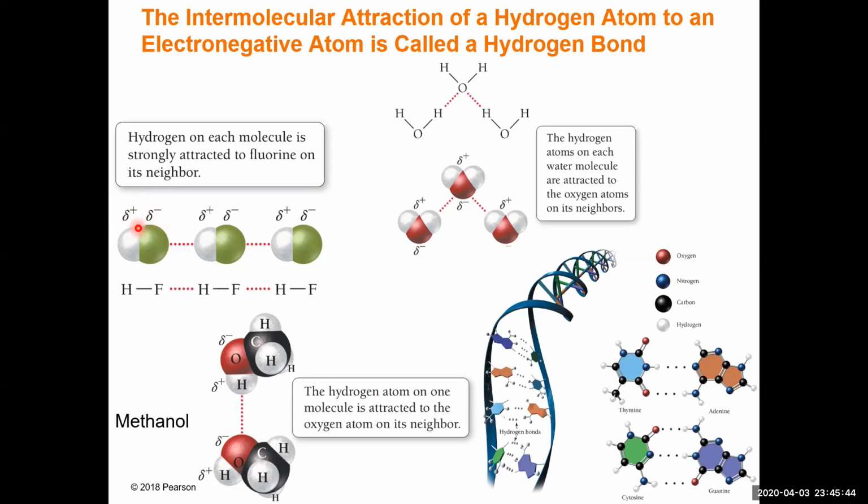Fluorine has an electronegativity of about 4.0, whereas hydrogen has an electronegativity of about 2.1. That partial negative end of the fluorine is going to be attracted to the neighboring molecule's partial positive end from the hydrogen. And this will continue between the neighboring atoms.